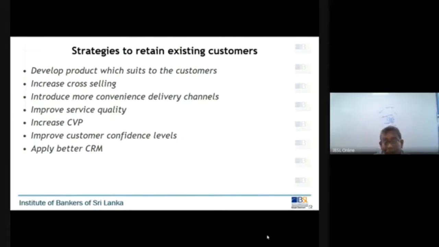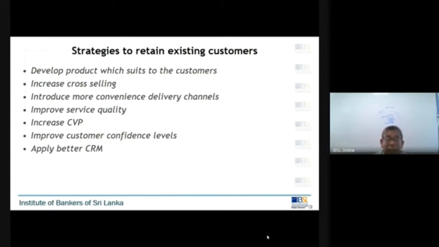So therefore we need to satisfy our existing customers as much as possible in a bank. Because only the existing customers bring new business to us. Maintaining is very easy, right?